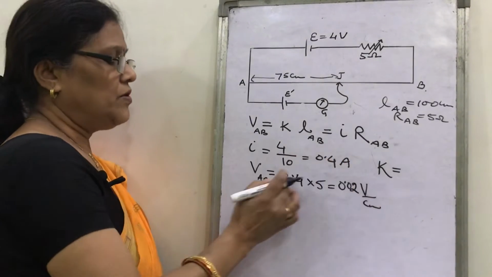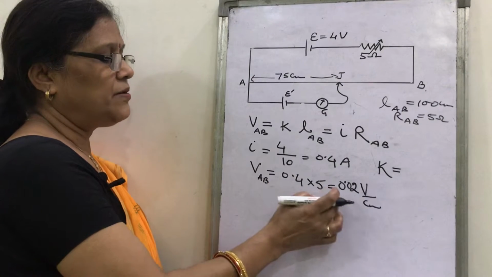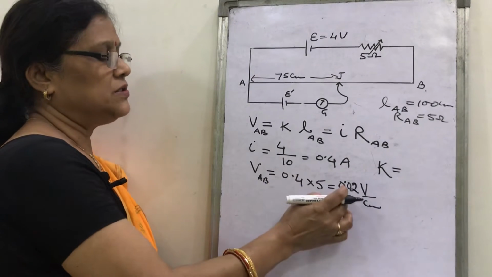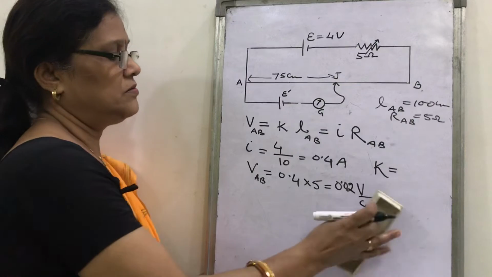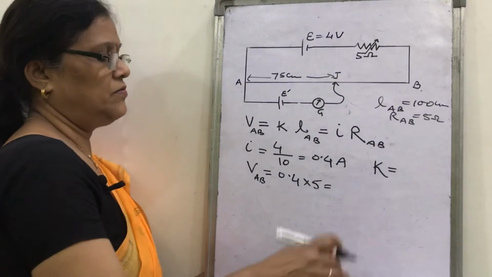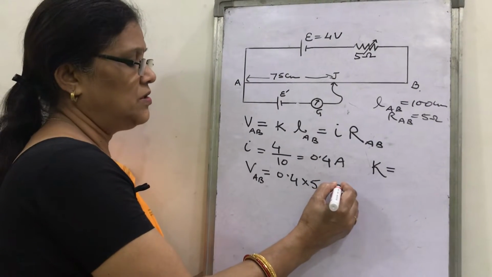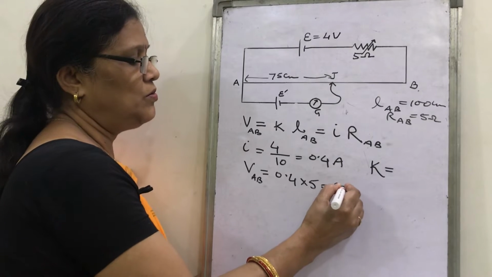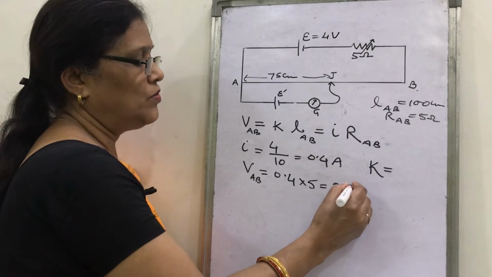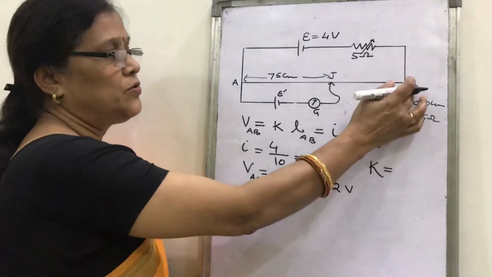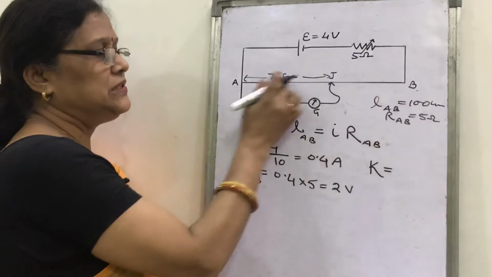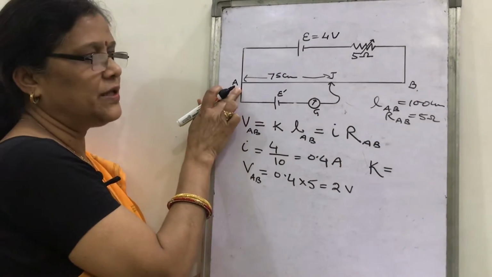Now if V is given here, 5 into 0.4, this is 2 volt, and the 2 volt is the potential difference across the length AB.